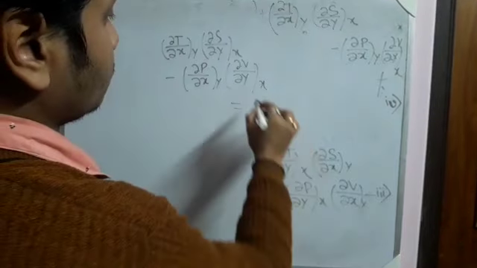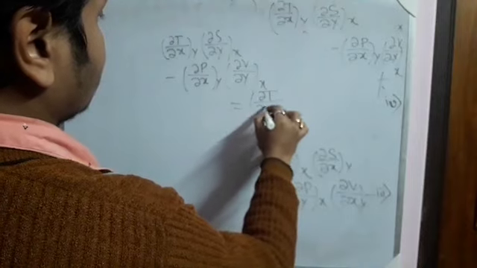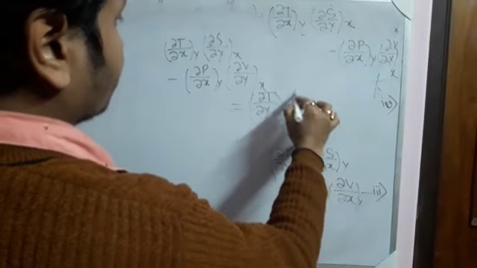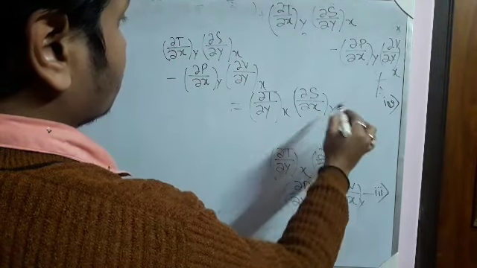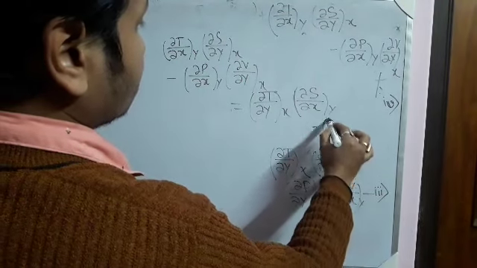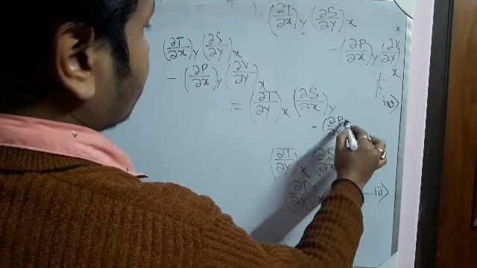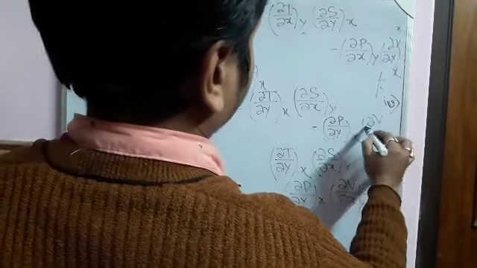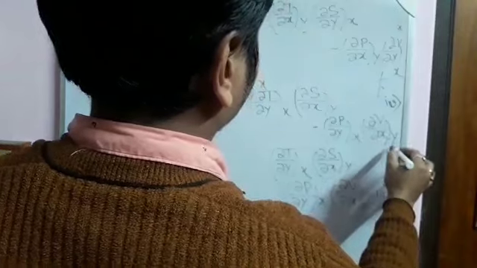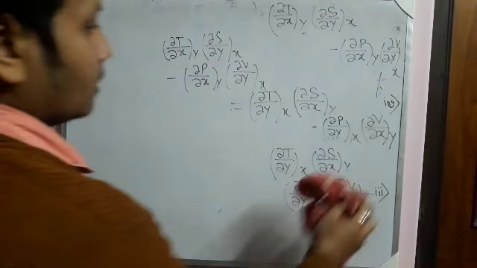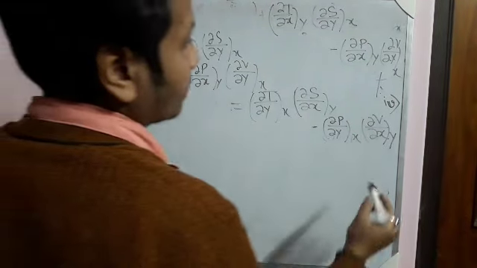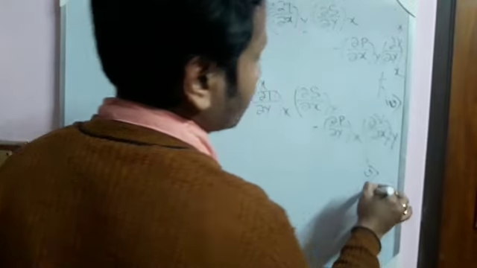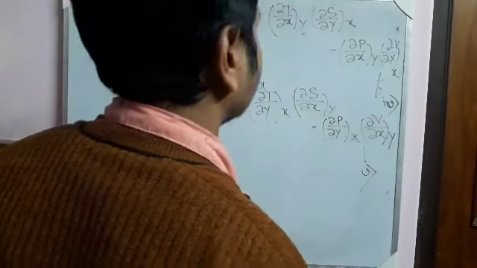This must be equal to del t del y x del s del x y minus del p del y x and del v del x y. So this is the general equation. Now this equation can be utilized to find the Maxwell's four thermodynamical relations.